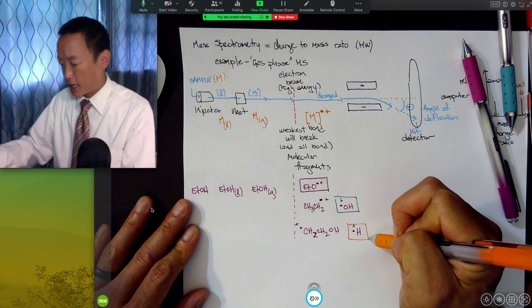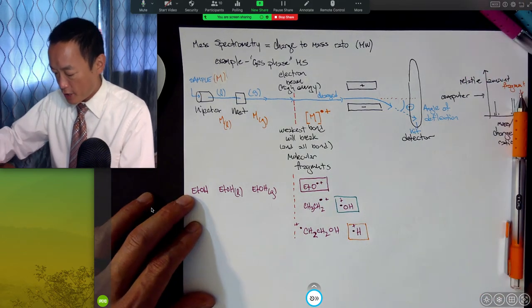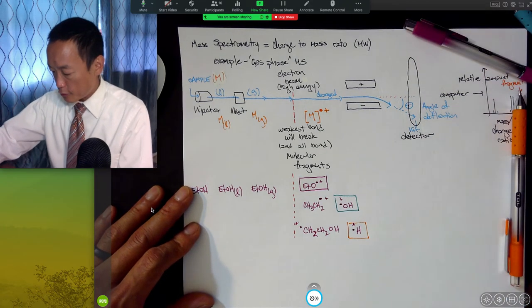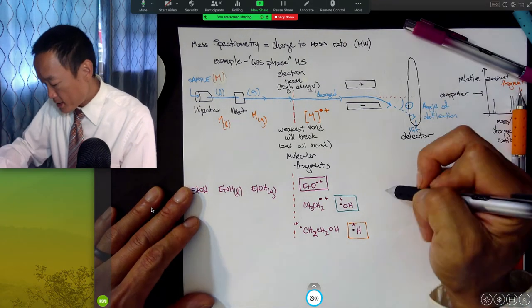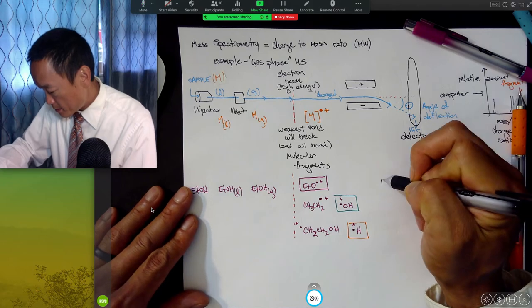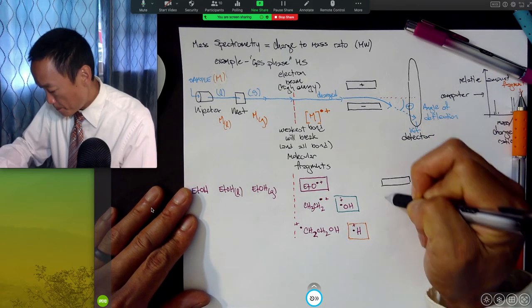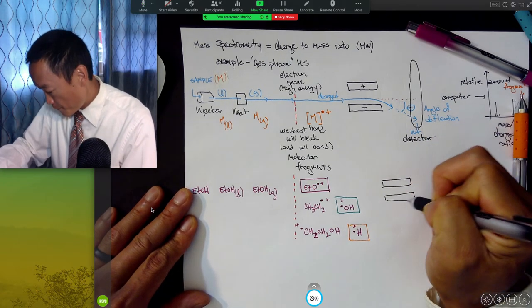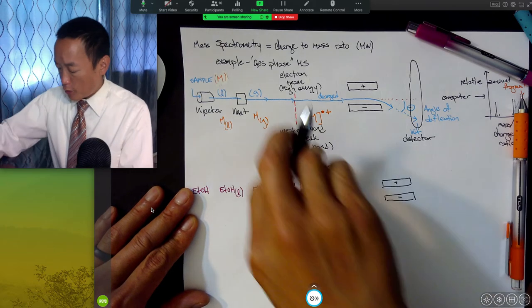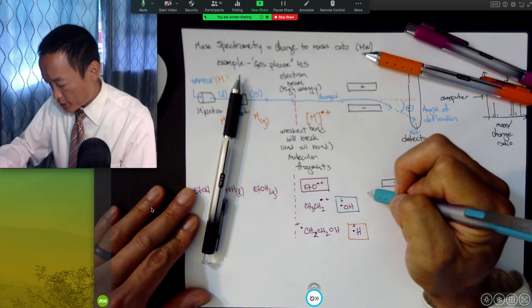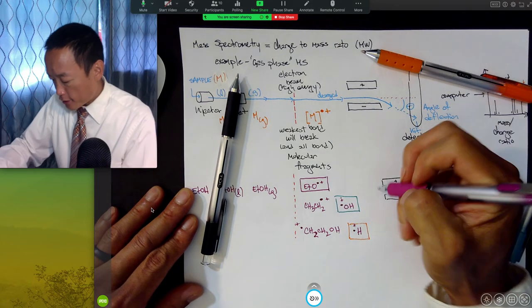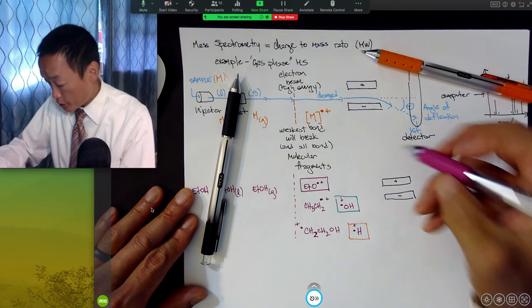Hopefully you're seeing decreasing size here. But as these molecules then travel past these magnets, what you're seeing here is this ethanol without the proton portion of it.